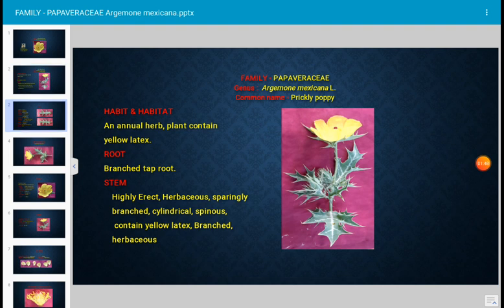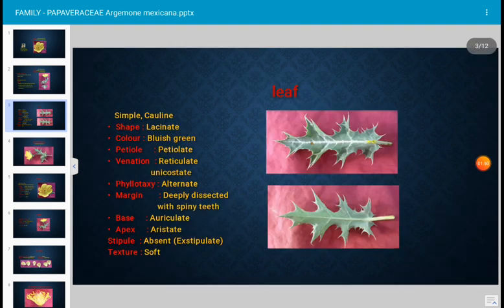Next. This is the leaf of Argemone mexicana, family Papaveraceae. The leaf is simple. It has a petiole and lamina, so it is simple. The leaf is described as cauline. What is cauline? Leaves growing on a stem, especially on the upper part of the stem, are described as cauline. The shape is laciniate.